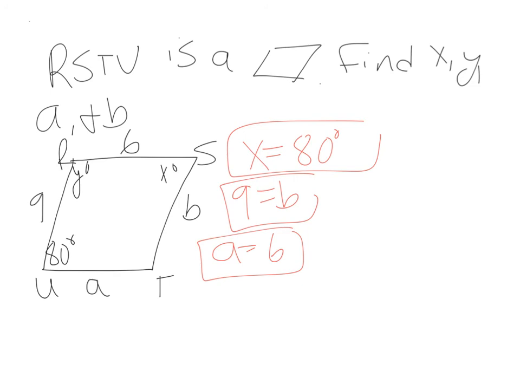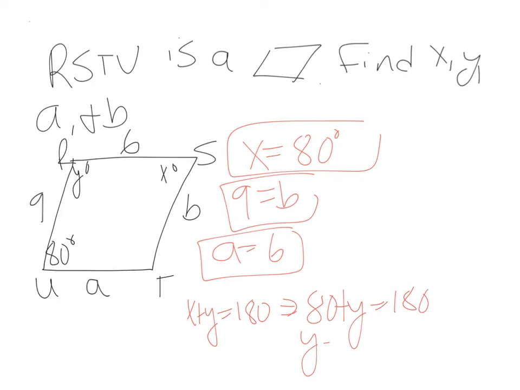These have to be equal, so I divide 200 by 2. What I know is that x plus y will be 180. 80 plus y will be 180. Y equals 100.